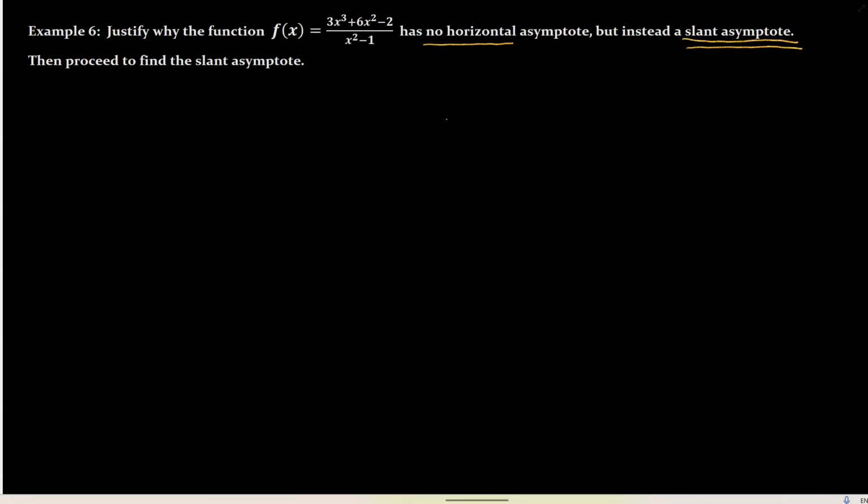Okay, so if you have the function f of x is equal to 3x to the third plus 6x squared minus 2x, all divided by x squared minus 1.